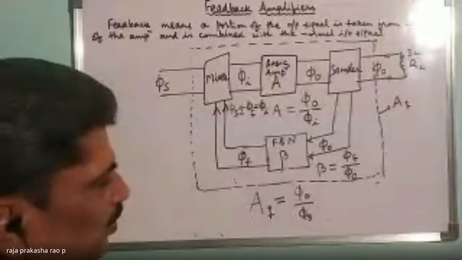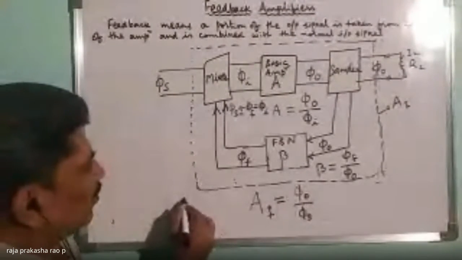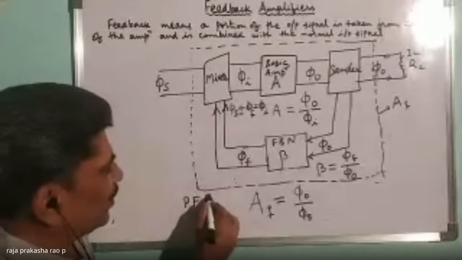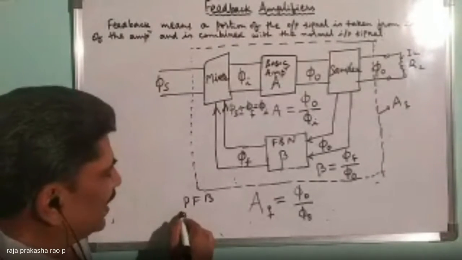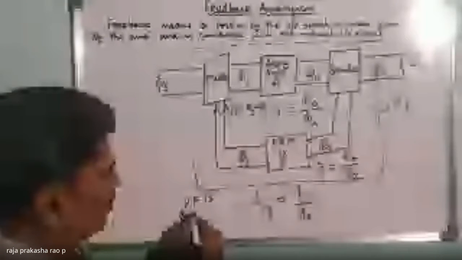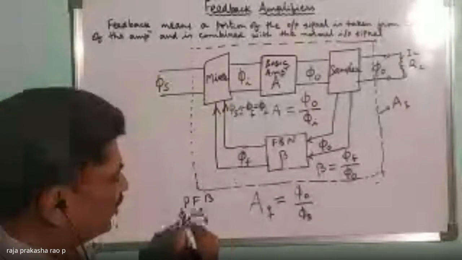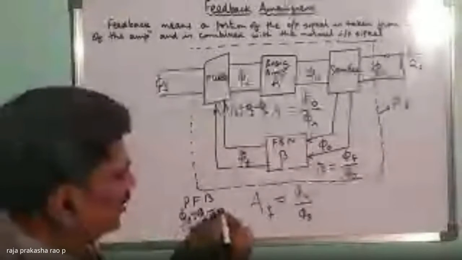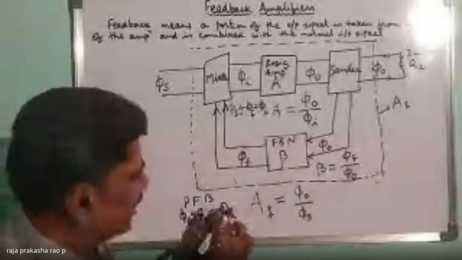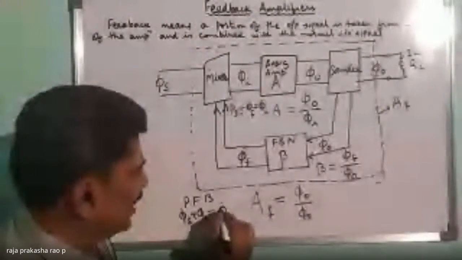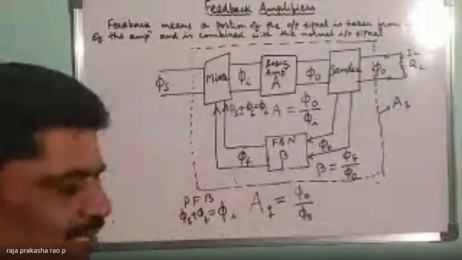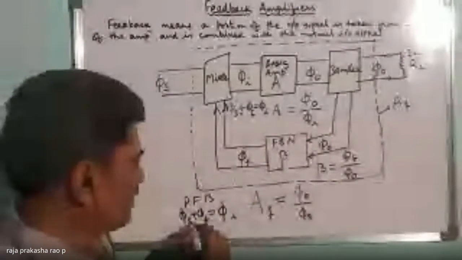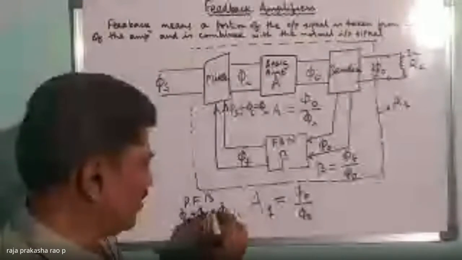So for positive feedback amplifier, we are adding a feedback signal to input signal giving phi I, right? So we are getting phi I from this equation, phi s plus phi f. Phi s plus phi f is equal to phi I.